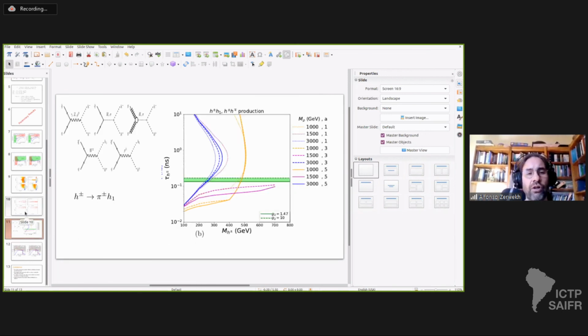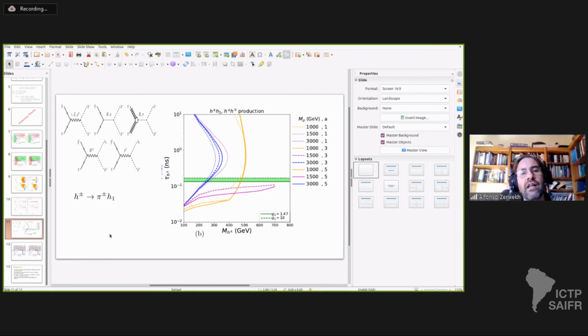Okay. So we have a dark matter candidate which can explain the observed relic density, and which can easily avoid the constraints coming from direct searches.